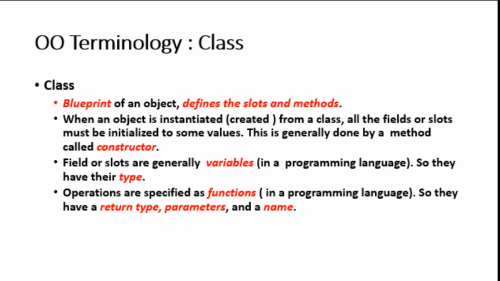Fields are variables declared with their data types. Methods are simply functions having a name, a return type, and maybe a list of parameters. During object instantiation, a special method called constructor is used to initialize the fields of the object.